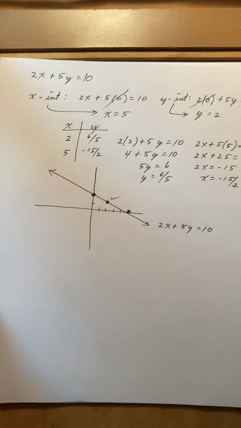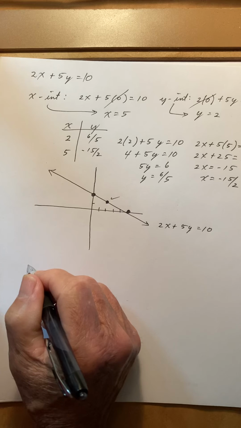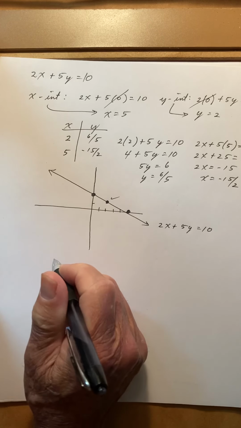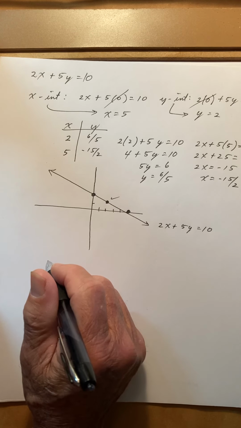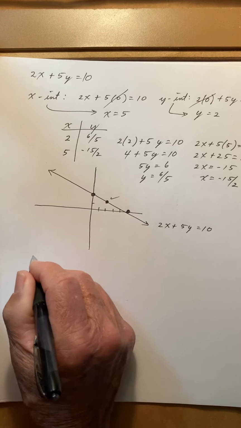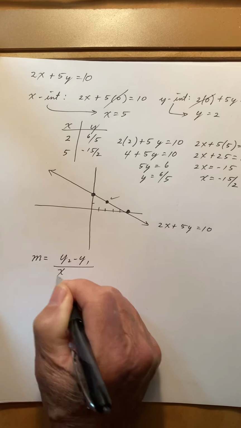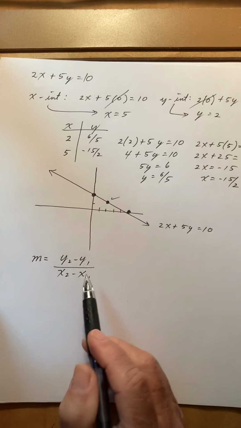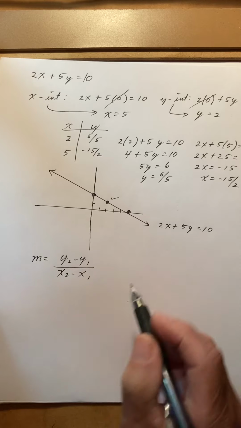The next thing on page 18 of your notes is the slope of a line, which is the numerical measure of how steep a line might be that you graph and which way it slopes, either up or down. We can of course have the slope formula: m equals y2 minus y1 over x2 minus x1, using the coordinates of the x's and the y's of the 2 points.